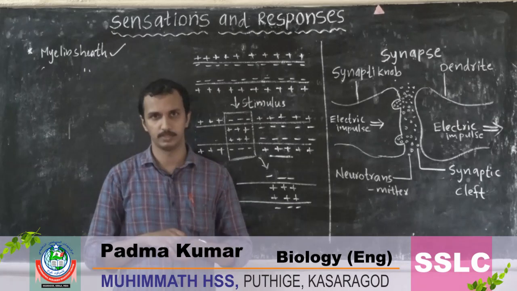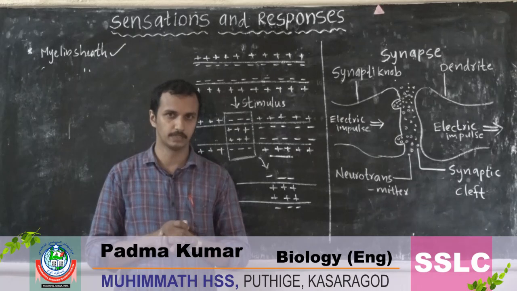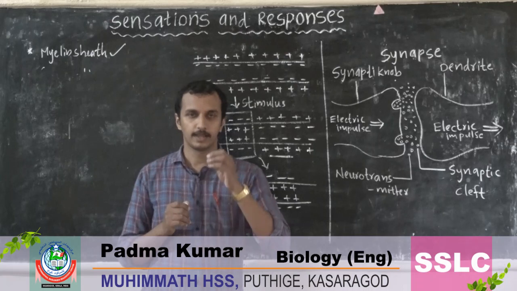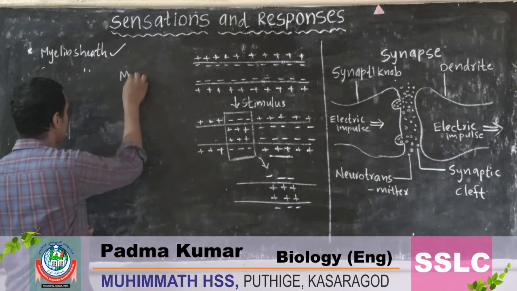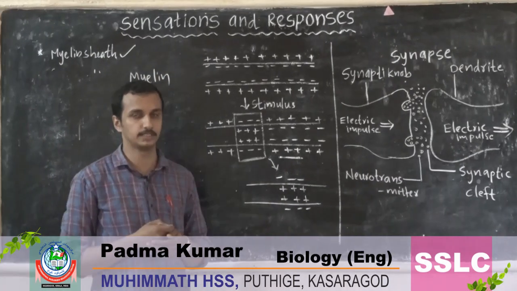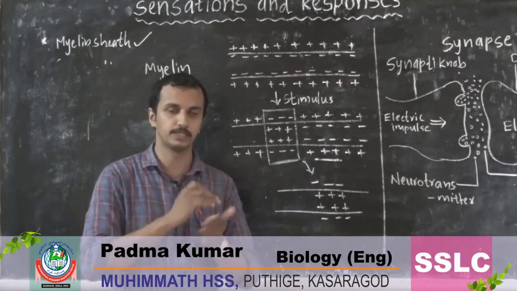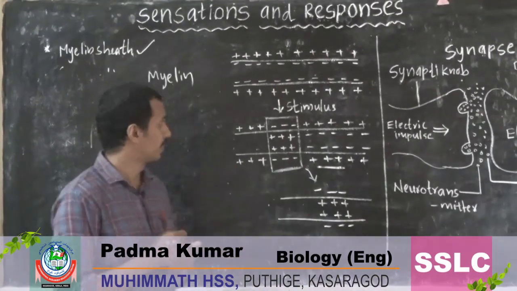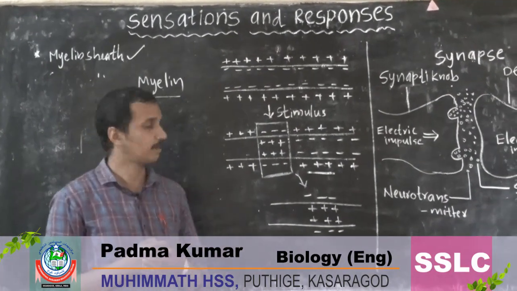Usually the axon is continuously surrounded or encircled by a lipid membrane, that is called myelin. The axon region of a neuron or nerve cell is repeatedly encircled, or completely packed, by a lipid material called myelin. We call it myelin sheath.